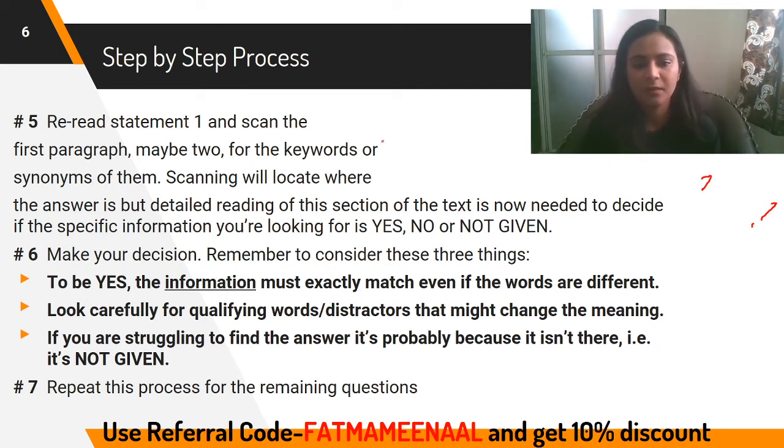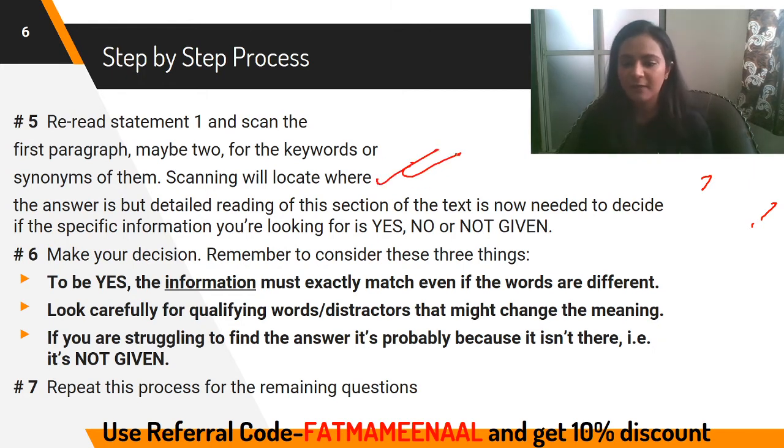Okay, yes, it's here. So then the next step is that you need to understand which paragraph the answer is lying in. And for that, since you already have your keywords marked, you will quickly try to find them, not by going through each and every line, but by quickly skimming and finding not exactly that particular word, but its paraphrased version.